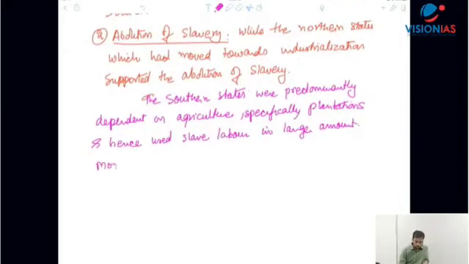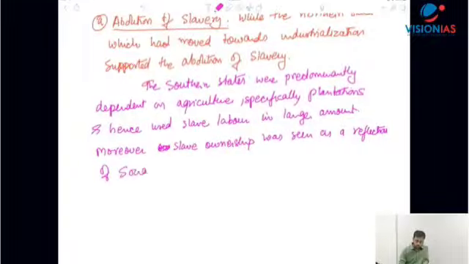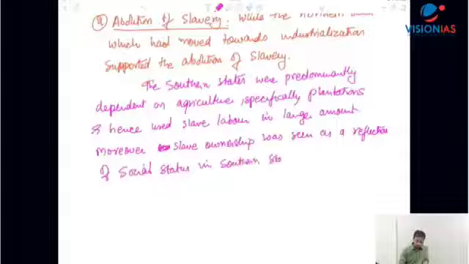Moreover, slave ownership was seen as a reflection of social status in southern states.